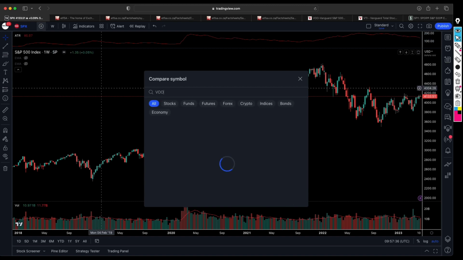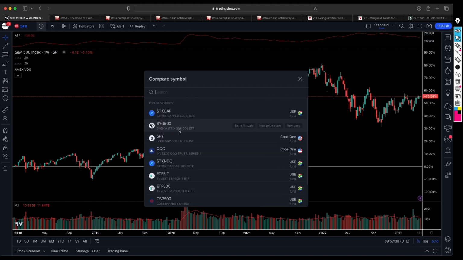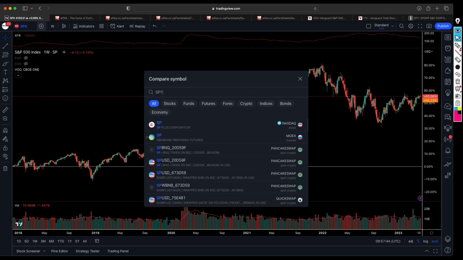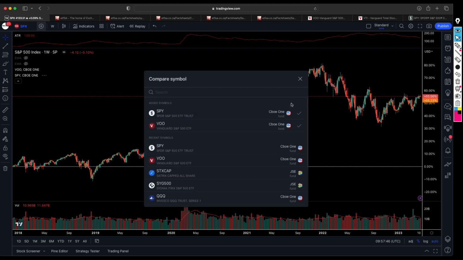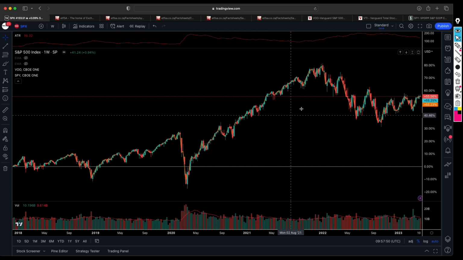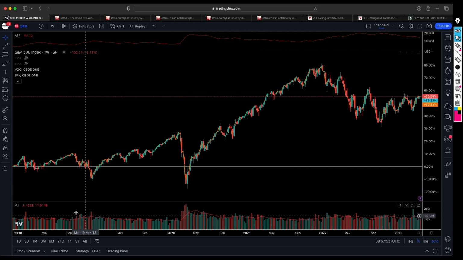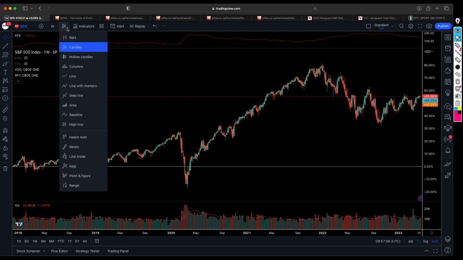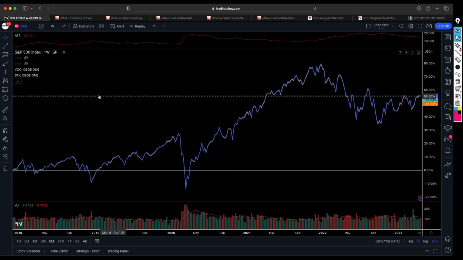So we want to compare that to the VOO, which is the S&P 500, and also we want to compare it to the SPY, which is the SPDR S&P 500. So we can already see that you can't even see the information of the other things. That is because it shows that they track that nicely, but I will change the type to a line so that you can see.